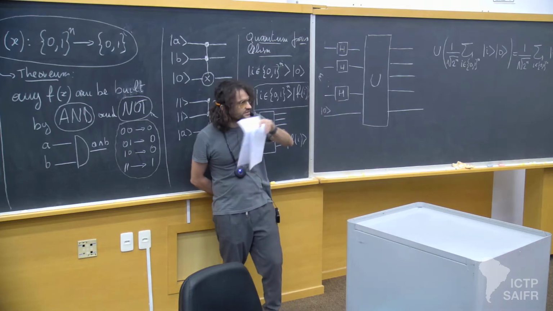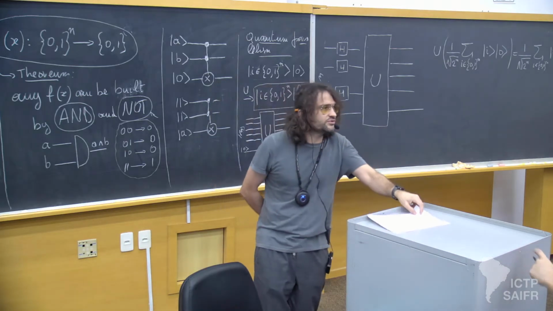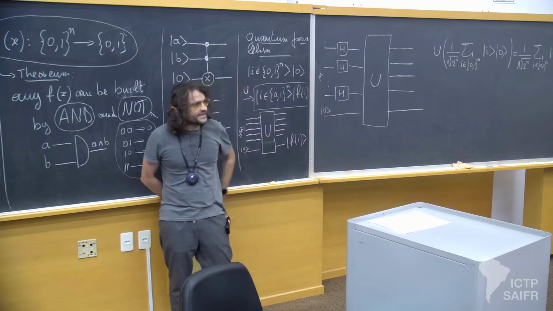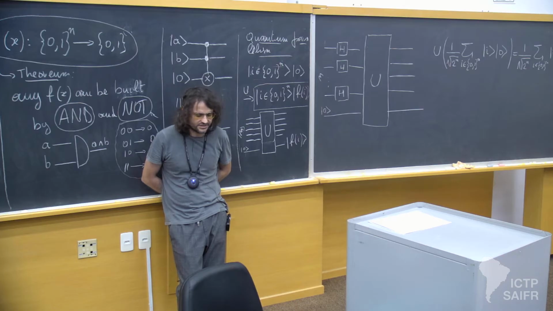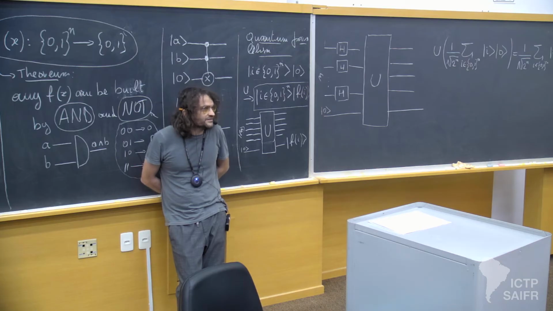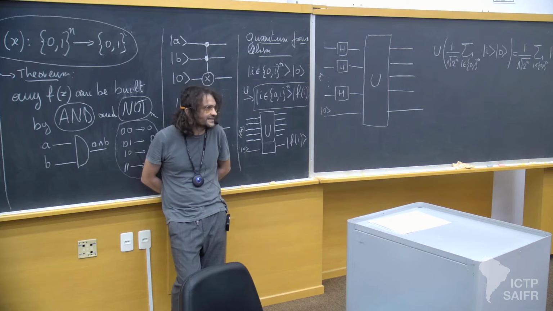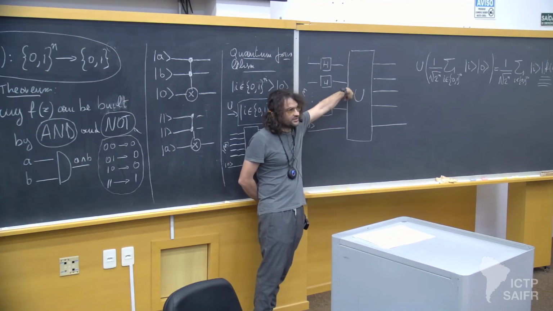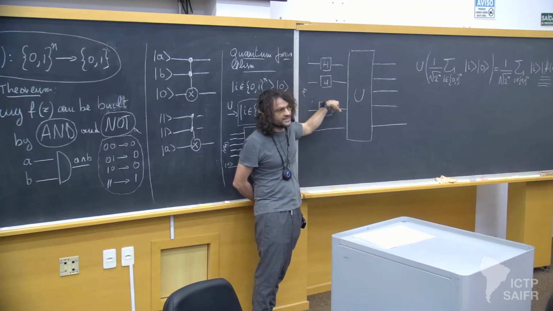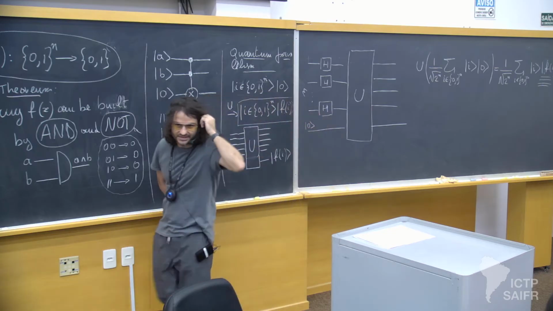Suppose that you come with a Boolean function that is extremely cumbersome and requires an enormous amount of computation. The Hadamards are much cheaper. So let's say that you pay a little bit of a price putting in the Hadamards, but at the end you gain dramatically, because instead of running this circuit 2 to the power of n times, you run it only once, at the price of adding n gates.